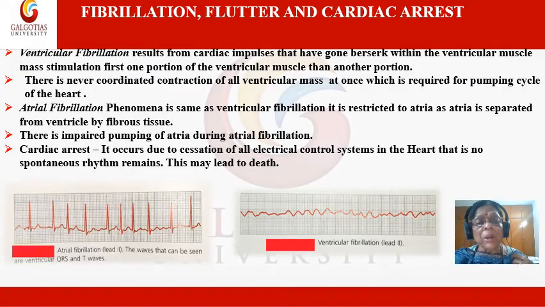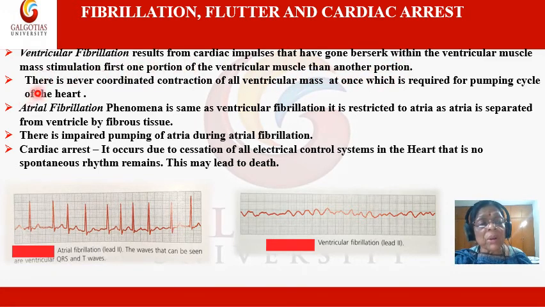Fibrillation, flutter, and cardiac arrest. Ventricular fibrillation results from cardiac impulses that have gone berserk within the ventricular muscle mass. First, one portion of the ventricular muscle is stimulated, then another portion.